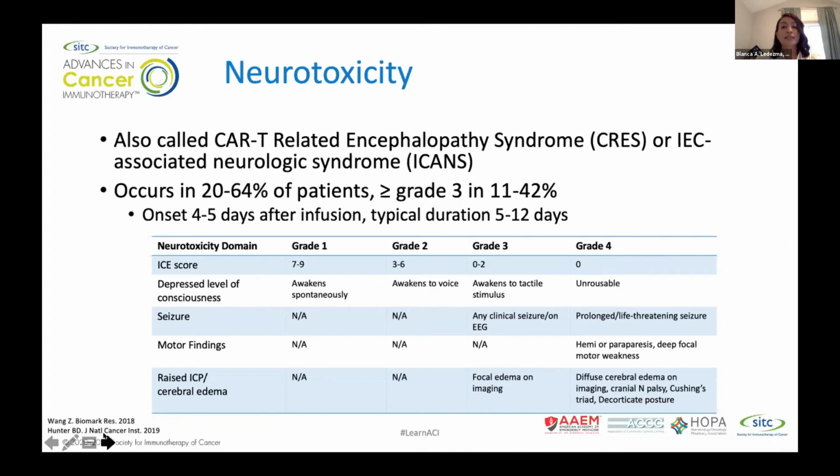They may be having seizures on EEG or clinical seizures and some focal edema noted on imaging. At a grade 4, the patient's I-score is 0, unarousable, with life-threatening seizures, hemiparesis or paraparesis, deep focal motor weakness, severe diffuse cerebral edema, and decerebrate or decorticate posturing. So this is for the CRES.